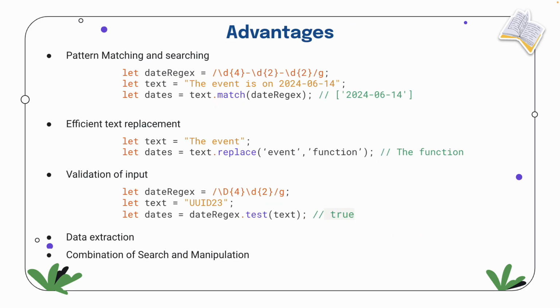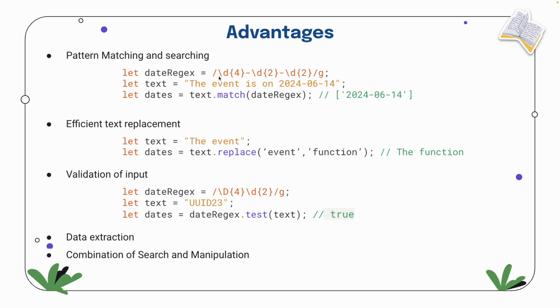So what is the advantage? Just now we saw two advantages right in front of our eyes. One advantage: we can search in the text or document using regular expressions. The other: we can search and also replace the text. Like this, there are some advantages here. First, pattern matching and searching.